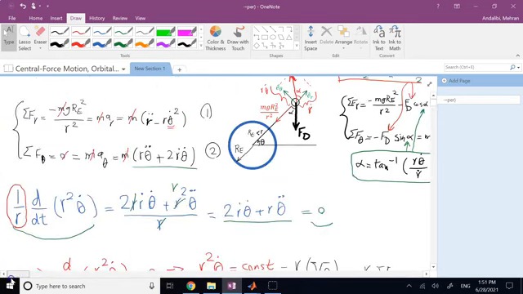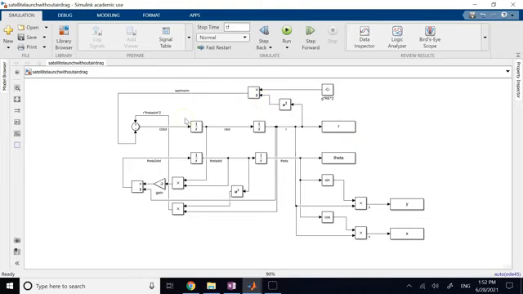Okay, and here for the last part, I will show you the simulation in Simulink of a satellite. So here I provide the constants R naught and V naught, as well as, of course, G and RE.